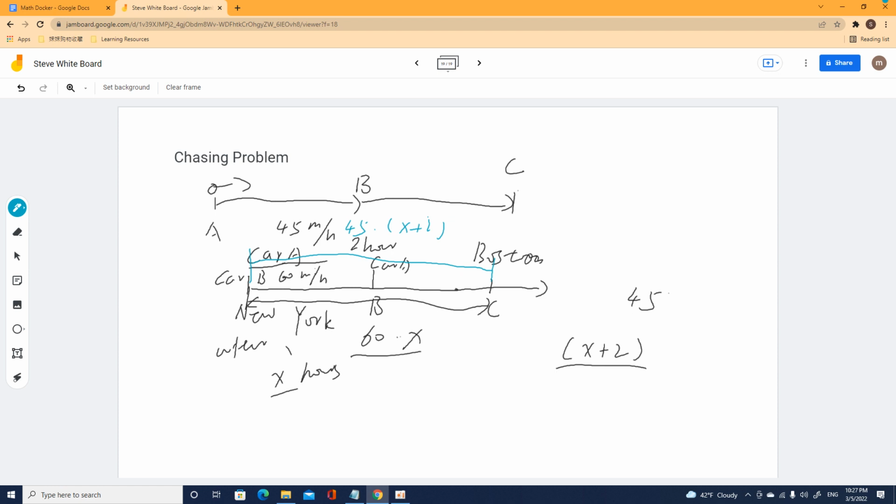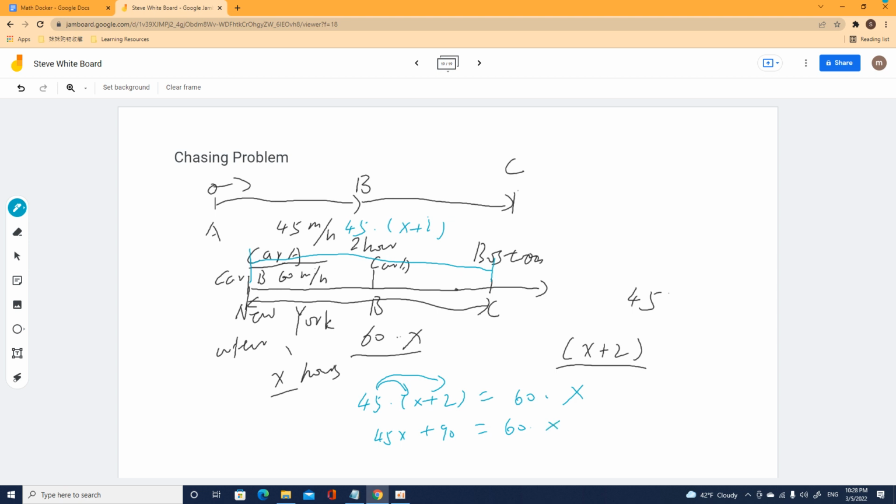Because car B has caught up with car A, this means those distances should be equal. So we get the following equation: 45 multiplied by (x plus 2) equals 60 multiplied by x. You can solve this very easily. This is 45x plus 90 equals 60x.